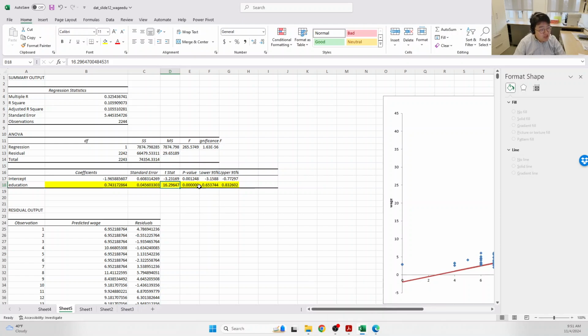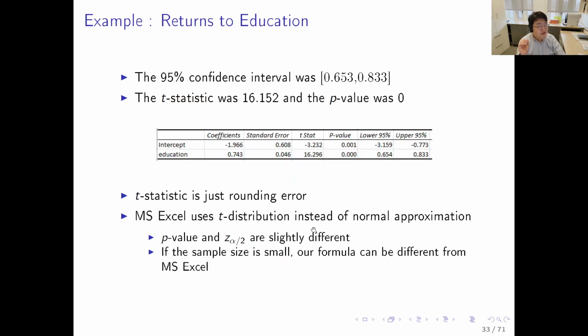And one more thing, actually the numbers are slightly different from what we just calculated, right? What we calculated was 16.152, but Excel shows 16.296. The first reason is rounding errors. I only used the third decimal place, but when you divide by the standard error, the decimal places matter a lot.